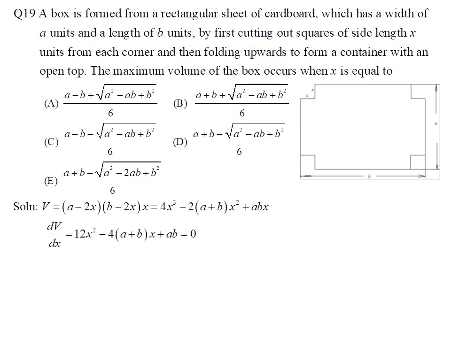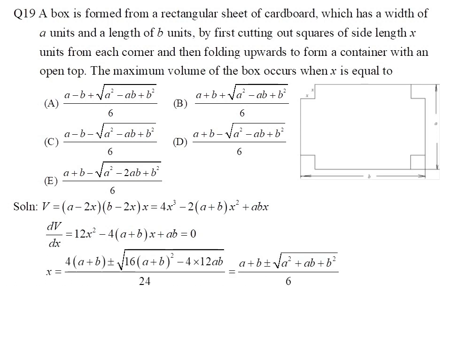Then we find its derivative with respect to x. dV by dx equals 12x squared minus 4 times (a plus b) times x plus ab. After being equated to 0, x can be found using the quadratic formula.